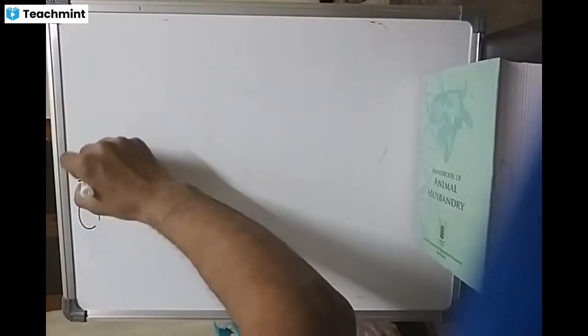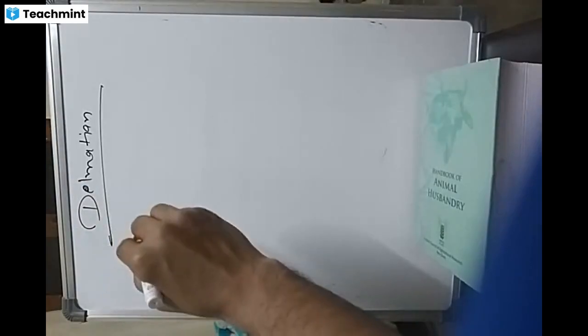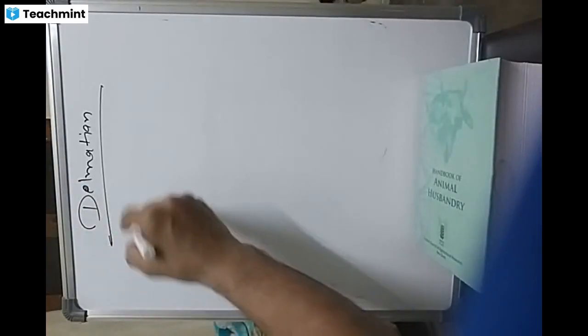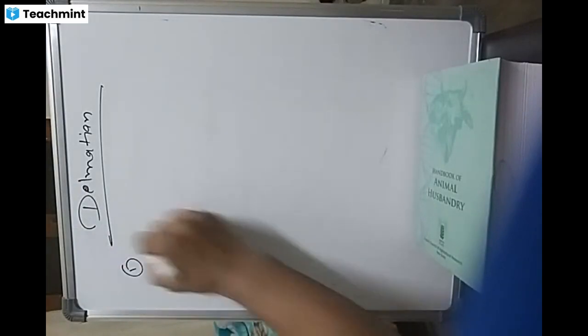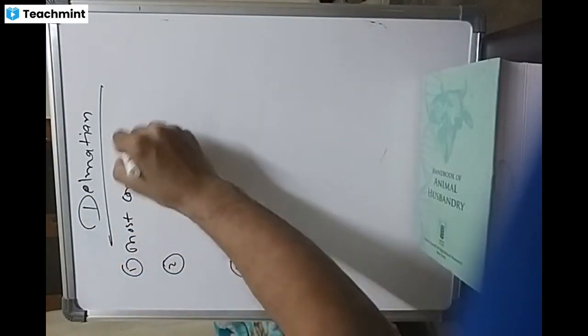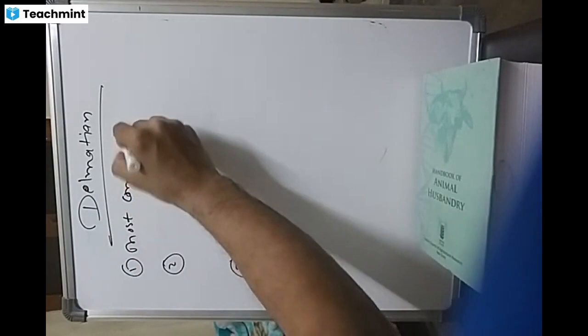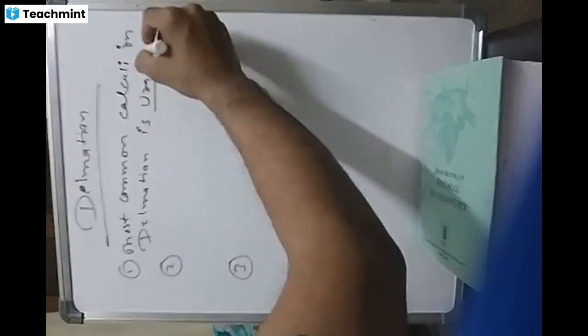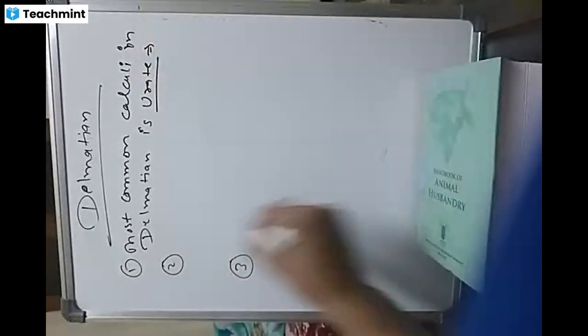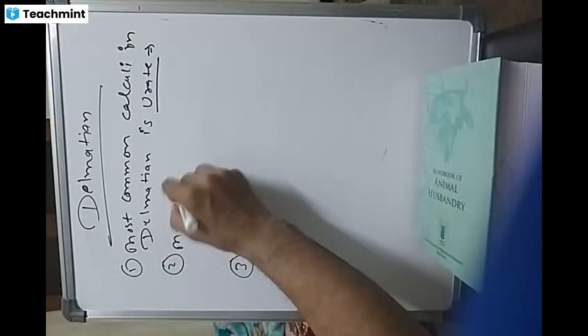So some important points. First one is most common. True or false. Second is most common.